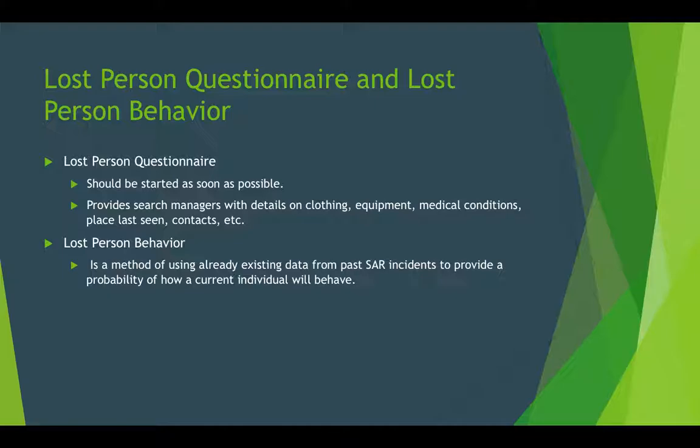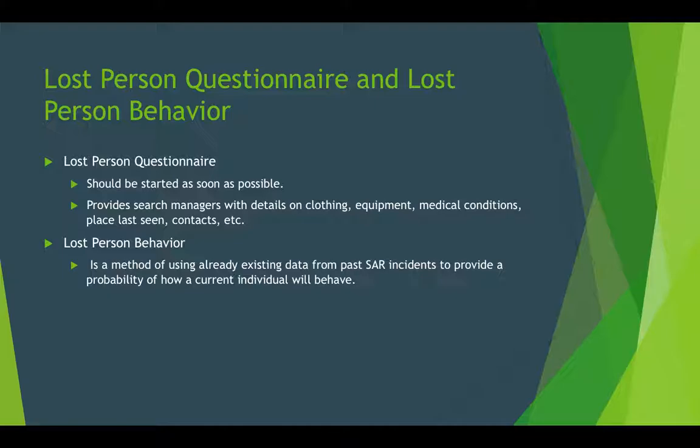If it's a group of hikers and some of them came back and some didn't, it would be important to interview the hikers who came back out of the woods. Or if somebody went out hiking after work, it may be important to interview their workmates to see when they left.